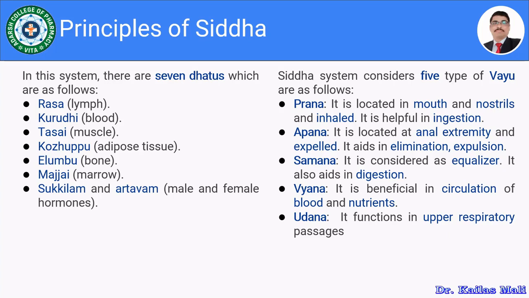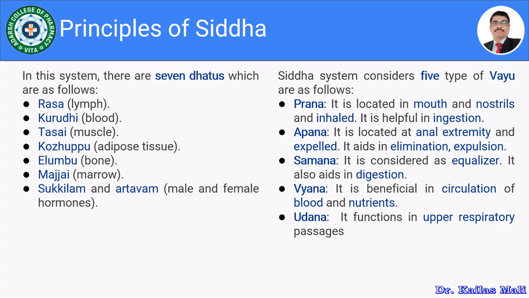Then apana is located at the anal extremity and is considered as excretory. It aids in elimination and the expulsion of material related to the anal canal.